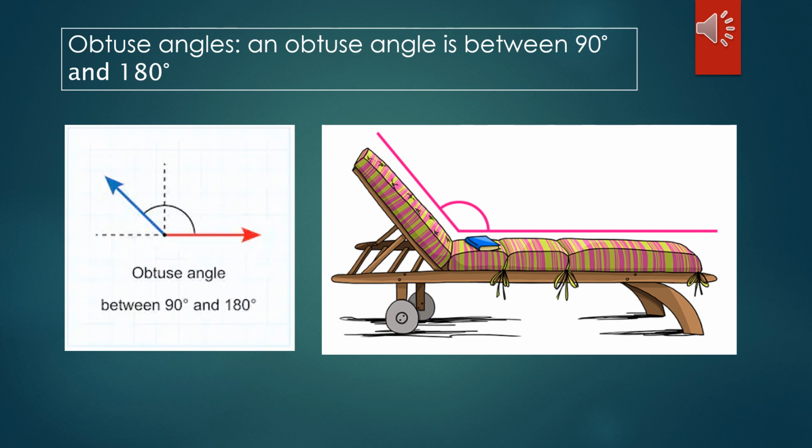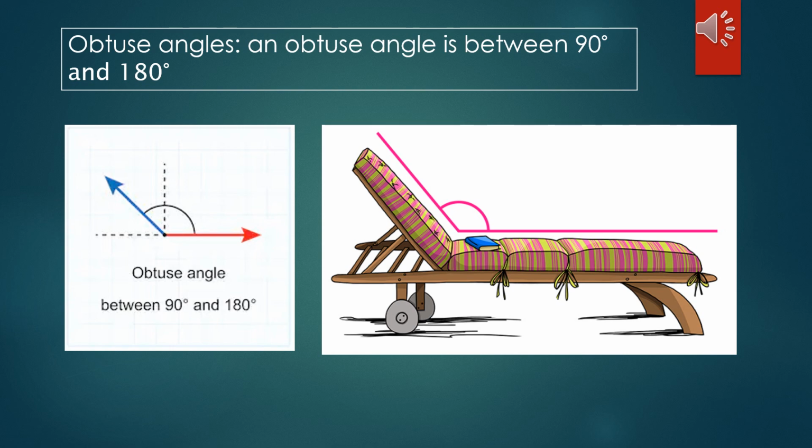Obtuse angle. An obtuse angle is between 90 degrees, which is a right angle, and 180 degrees, which is a straight angle. If you look at the lounger, you will see that it is in the shape of an obtuse angle in everyday life.